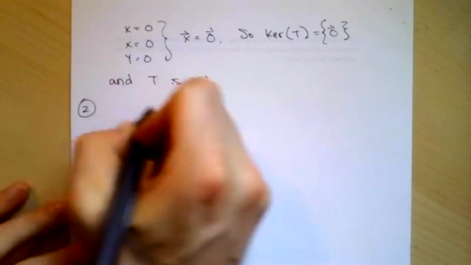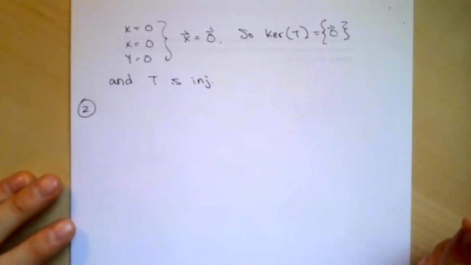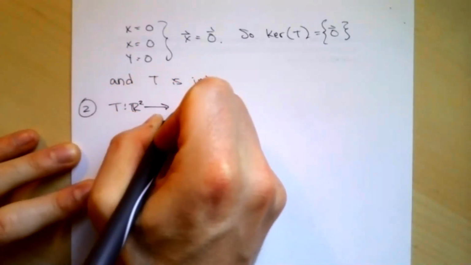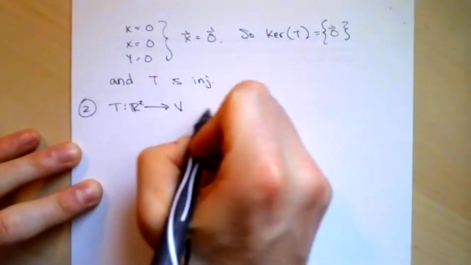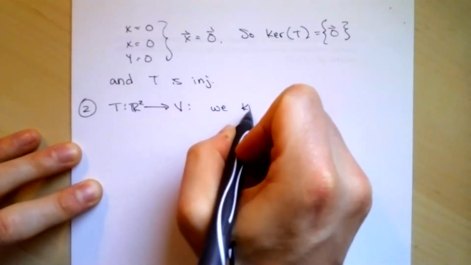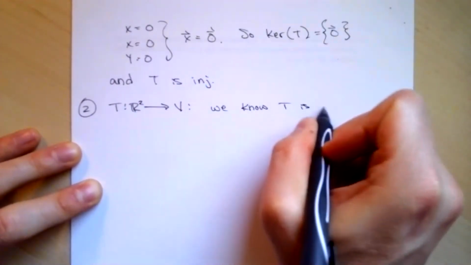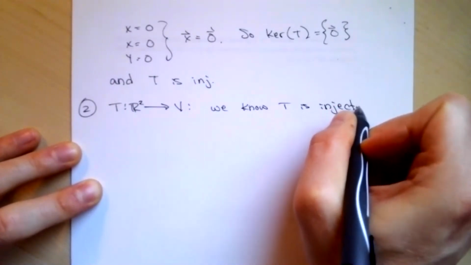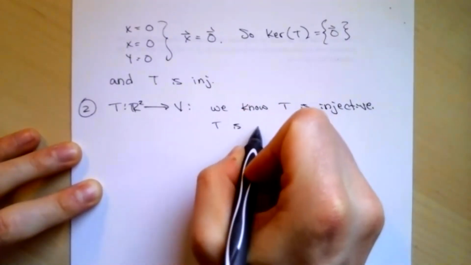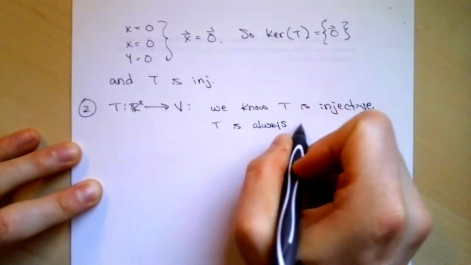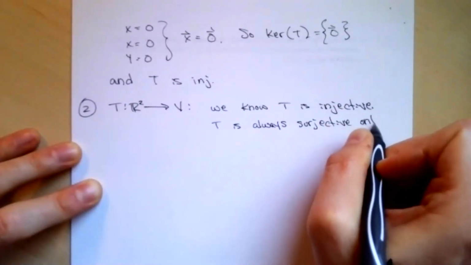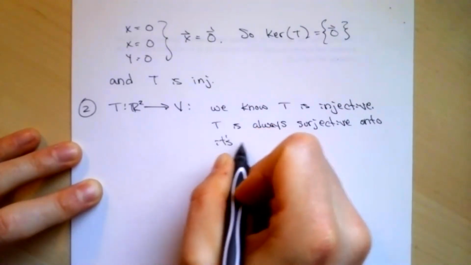So 2, why should T be an isomorphism? We know T is injective. And then T is always surjective onto its image.